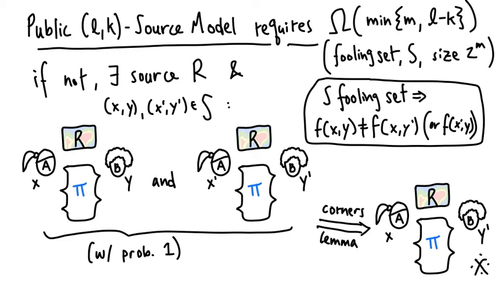So this completes the proof by contradiction for the public source model. For the private source model, the lower bound works similarly. The combinatorial claim requires an extra step, and I refer you to the paper.